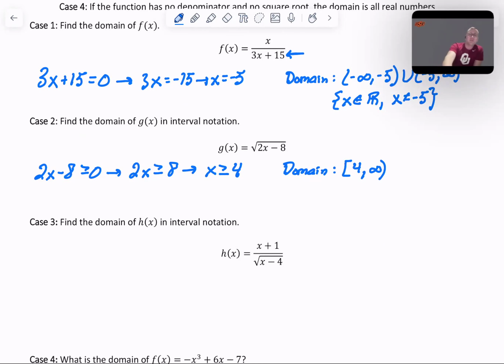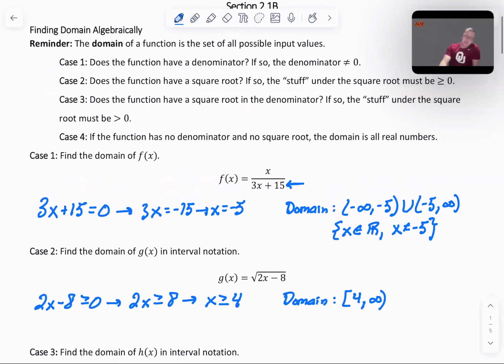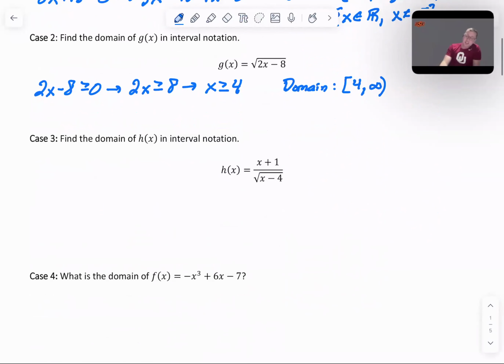Now the next one here is an example where we have the square root in the denominator. So what we need is the stuff underneath the square root to be strictly greater than 0. This means that x minus 4 must be strictly greater than 0. And this one's really easy. You just add 4 to both sides and you get x is greater than 4.